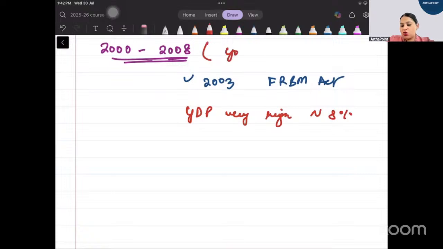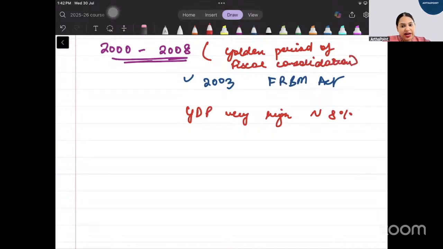This period was called the golden period of fiscal consolidation. GDP growth was very high. Debt-to-GDP ratio started decreasing, right? Then the FRBM Act, which came in 2003, started showing some results, right?